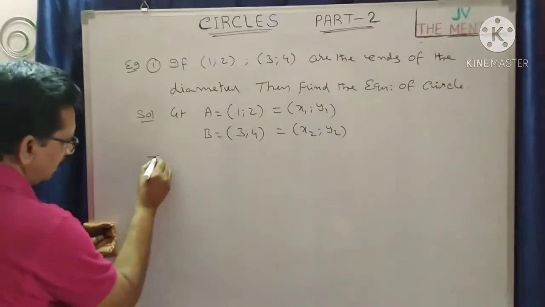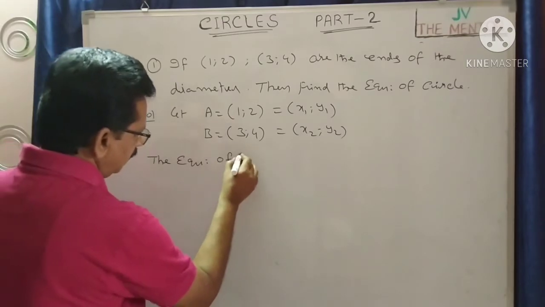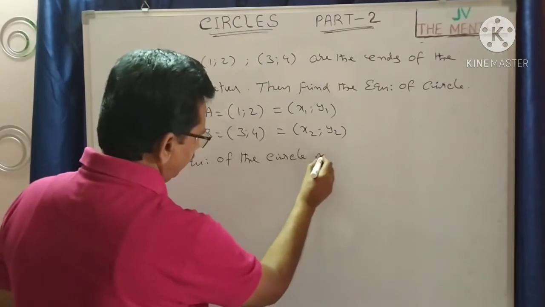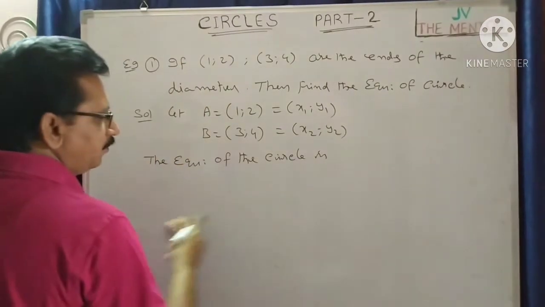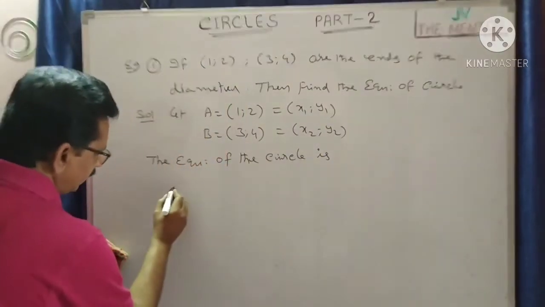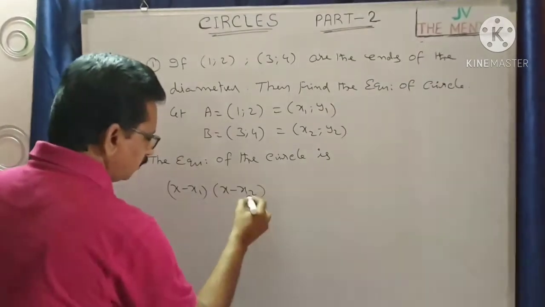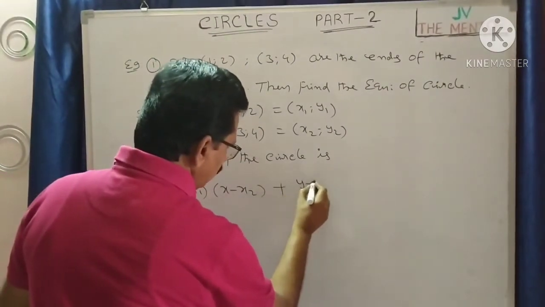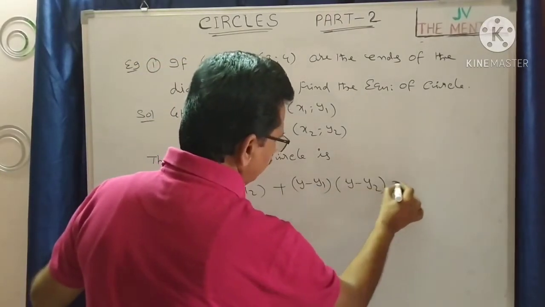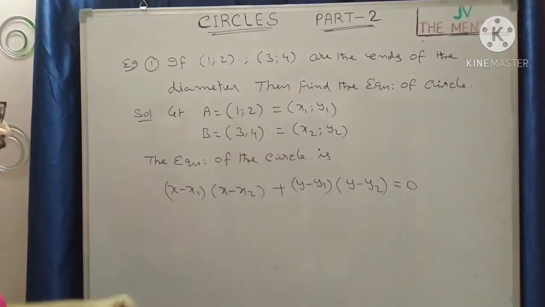Now the equation of the circle is (x minus x1)(x minus x2) plus (y minus y1)(y minus y2) equal to 0. Now substitute the values of x1, y1 and x2, y2.